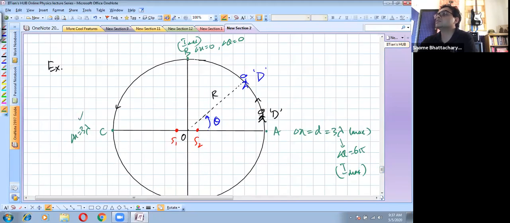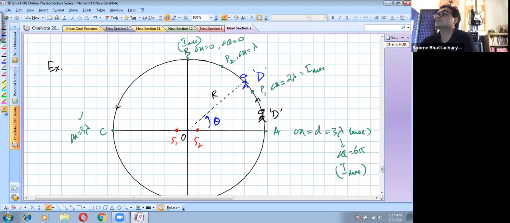But also you will see that as you go from here to here, there will be some other point in between, let's say this point is P1, where your delta x would have changed from 3 lambda to 2 lambda. So here also you will get maximum. And some other point, let's say P2 over here, where delta x would have changed to lambda, because it's continuously decreasing.